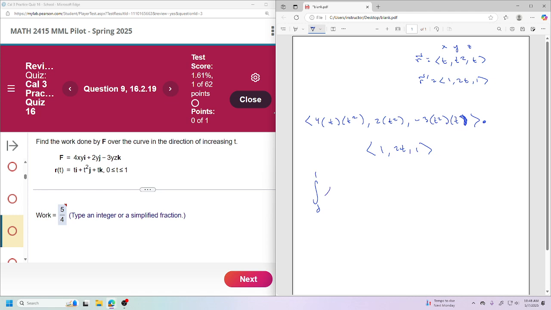So 0 to 1 of 4t cubed plus 4t cubed plus minus, what would that be? 3t cubed. That's it, dt, right? Because it's already taken care of the other thing. So we got 8 minus 3 is 5. Desmos.